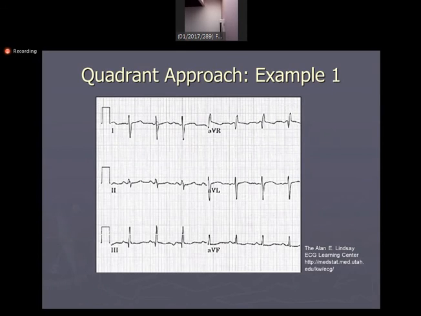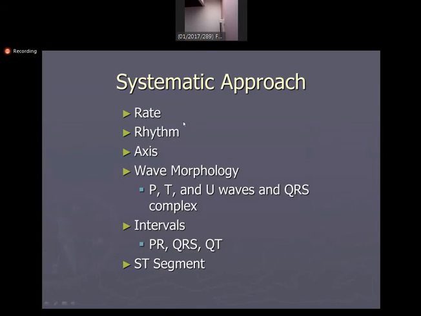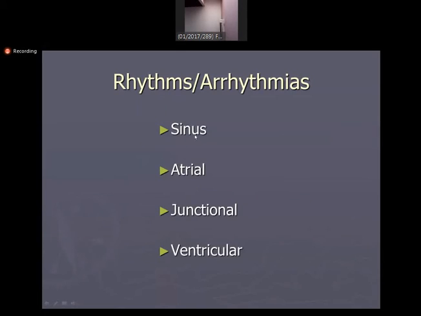Rate. How will you calculate the rate? We have different criteria to calculate the heart rate. Second, whether it is sinus or something else: either it is arising from the atria or somewhere else, either it is arising from the junction or somewhere else, or it is a ventricular rhythm.